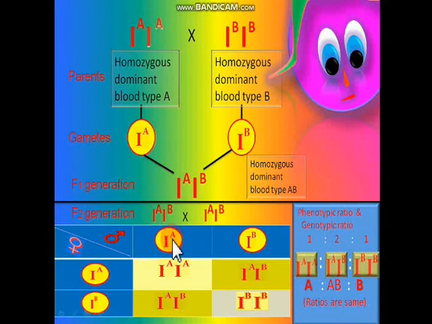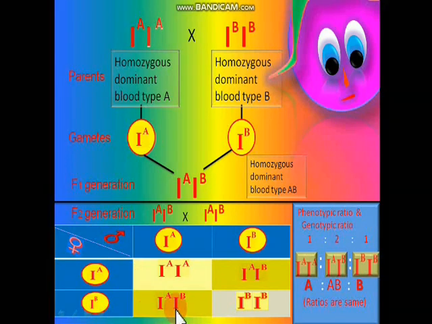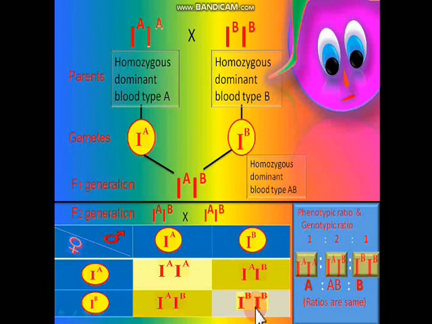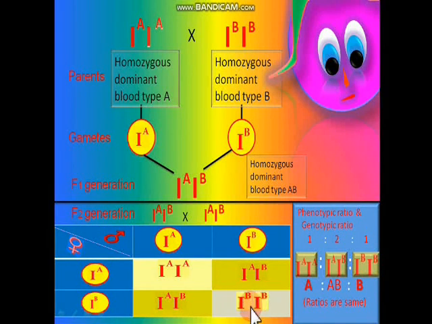Here also IA gamete and IB gamete fuse and form IAIB. This is also blood type AB. Here IB and IB gametes fuse and form IBIB, blood type B.